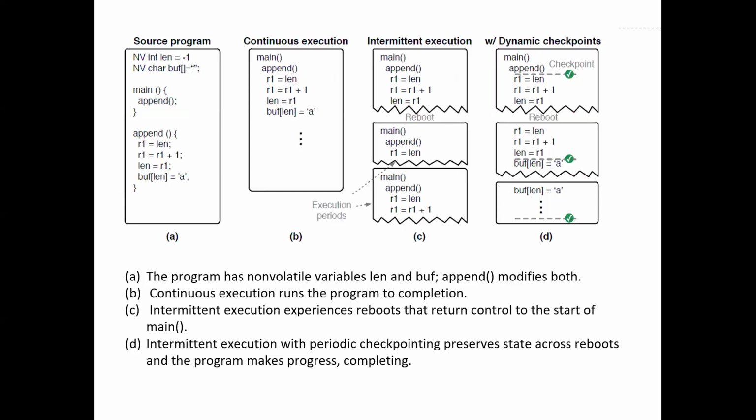If we look at this figure, it uses an example to contrast intermittence with conventional execution. The key difference again is that reboot is not the end of an intermittent execution. Between reboots, instructions execute sequentially, as in a standard execution model.